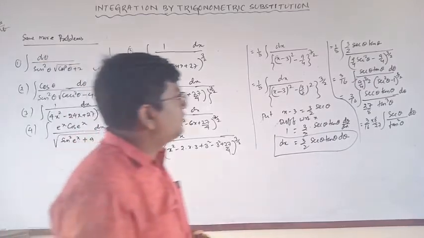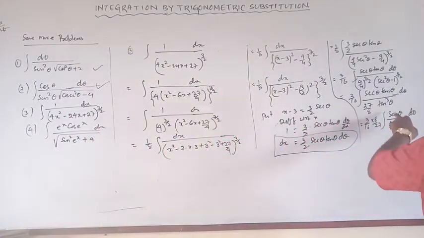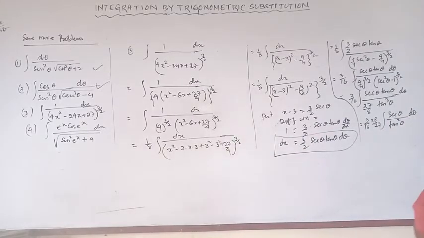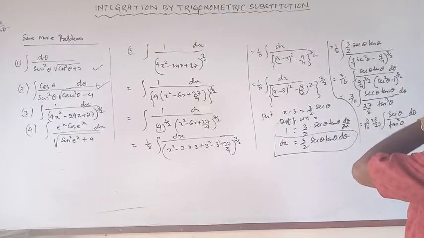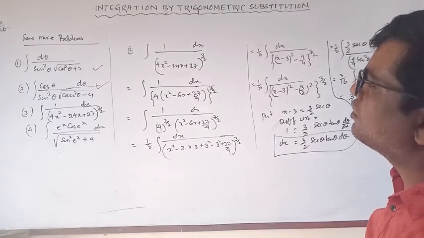Clear? This is equal to, so tan square, tan theta cancel, this is sec theta, tan theta into sec theta, 1 by cos here. This is tan theta into what? Tan theta into sec square theta. Derivative, this is sin square theta by cos square theta.